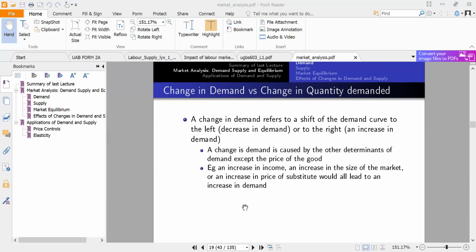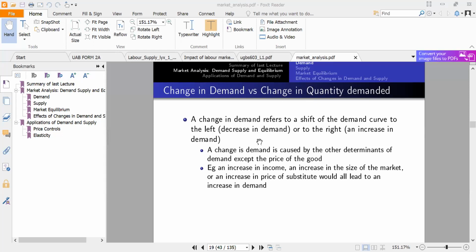In economics, we make a distinction between these two concepts, and I will urge you to just try and follow. We differentiate between change in demand and change in quantity demanded. So change in demand is different from change in quantity demanded. A change in demand refers to a shift of your demand curve to the left or to the right.